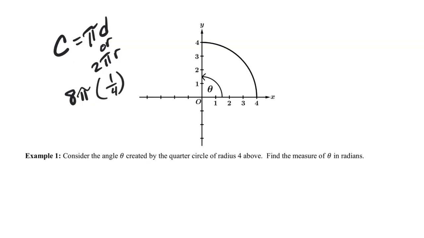What do we have there? Well, that's 2 pi, right? So the length of that part of the circumference is 2 pi. So if I divide it by the radius, I get pi over 2. Okay? So this is pi over 2.